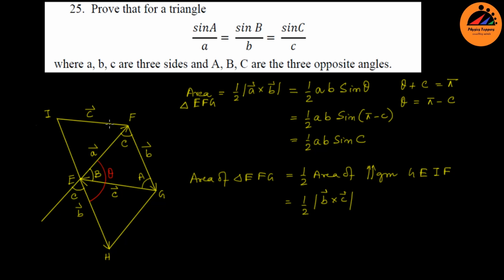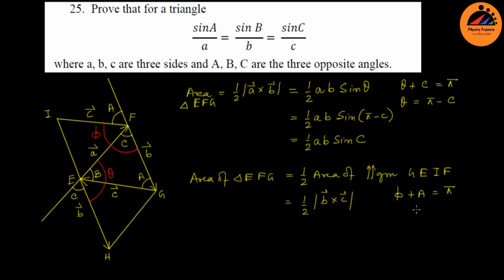Now this is B and this is C, so let's mention the angle also. Take this angle as some different angle, which is phi, and we need a relation between phi and angle A. So we need to extend this FG line, and this is angle A. So we can immediately say that phi plus A is equal to pi.